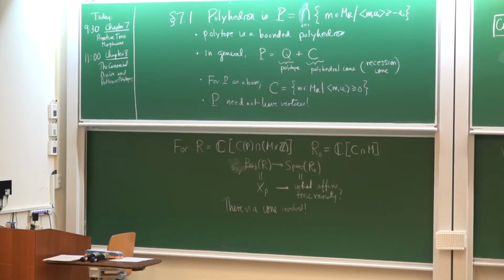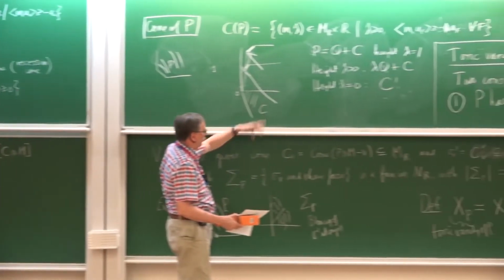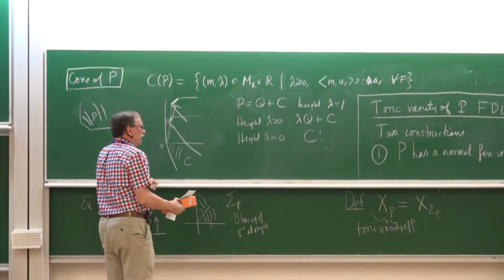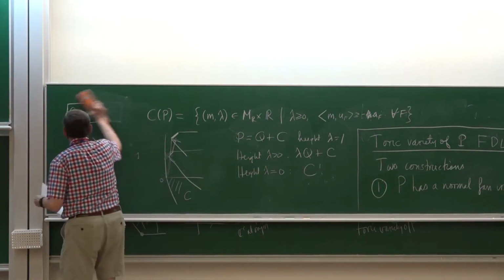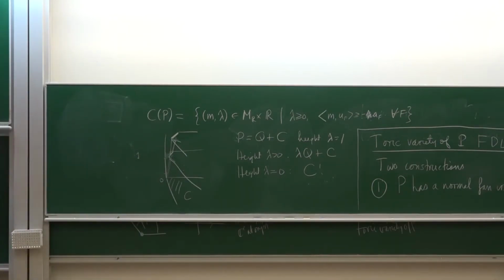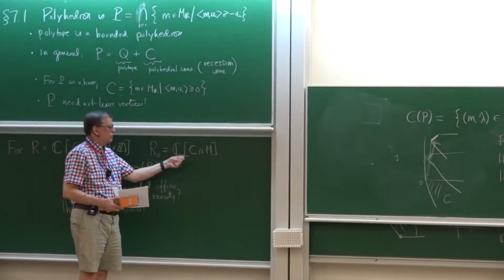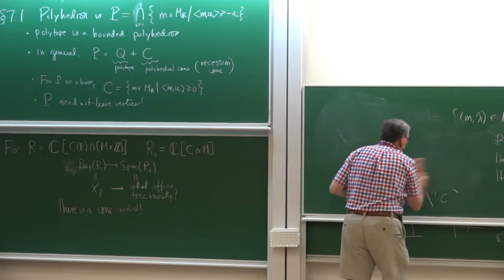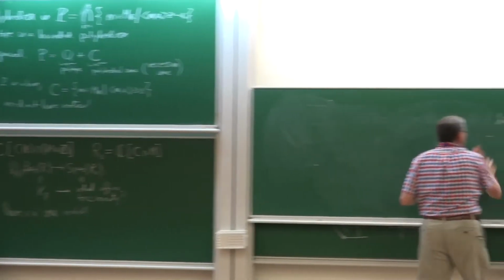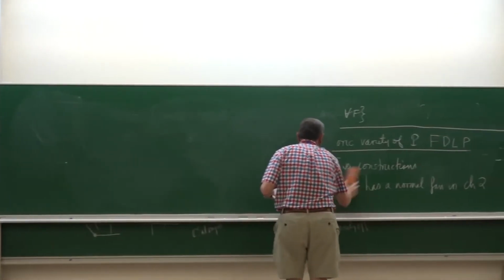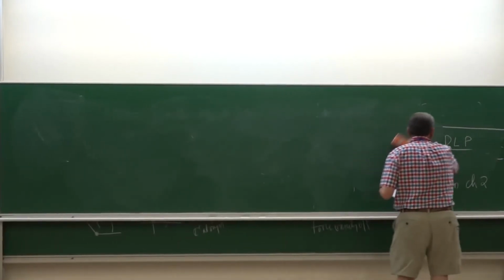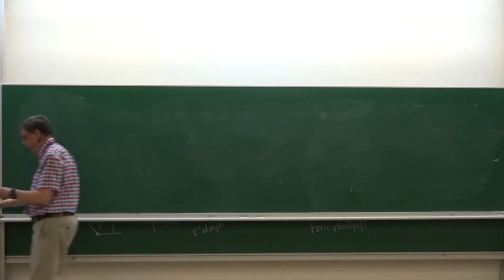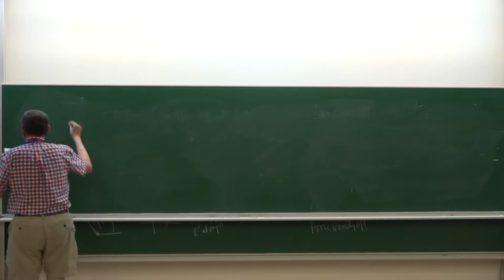Because in this case, the recession cone is C and its dual are just the first quadrant. So we have to do something a little more clever. Because remember that if I want this to come from a cone, I need the dual of the cone intersect M. And when we dualize, there's one detail we have to worry about.